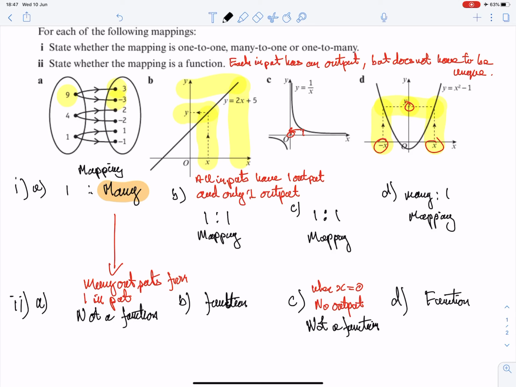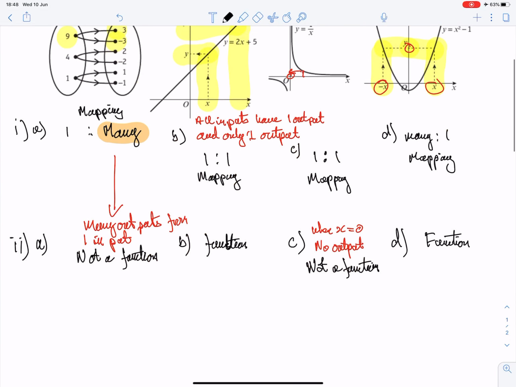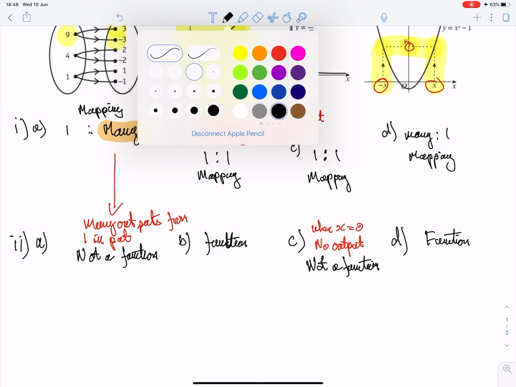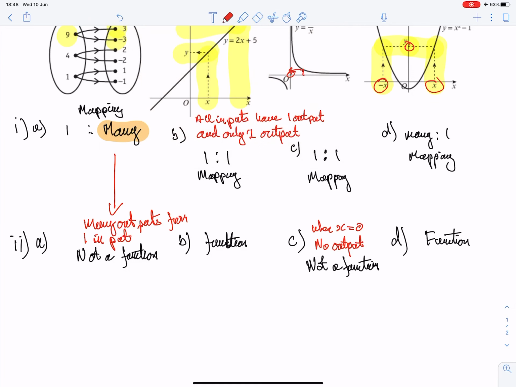Now, one of the interesting questions, and this is what your calculators do, and we've talked about this idea before, is how can we restrict this where we haven't got a function to make them a function? So if it's not a function, to make it a function, what would we have to do here?